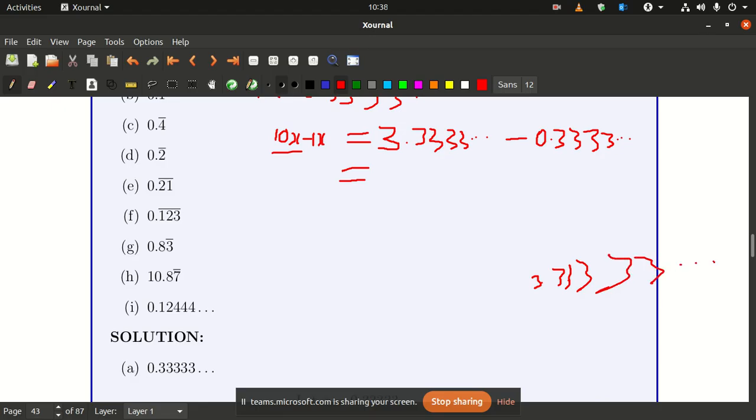If you listened to that video, I said when you are subtracting decimals, you align this decimal point with this decimal point. And then you start writing the first number, second number, third number, and so on. 3 minus 3, that's a 0.